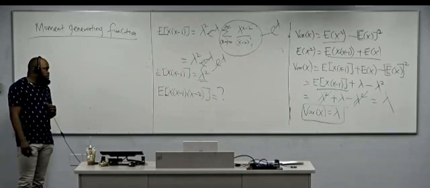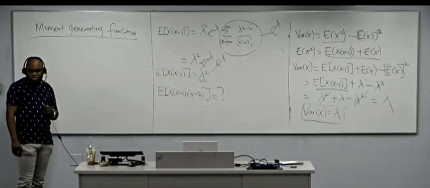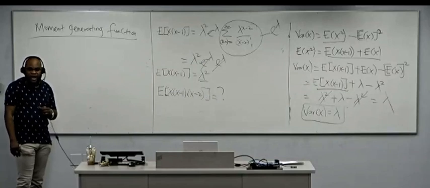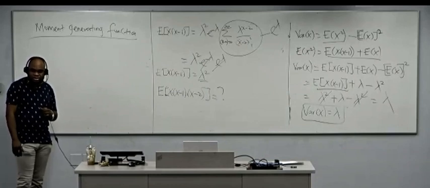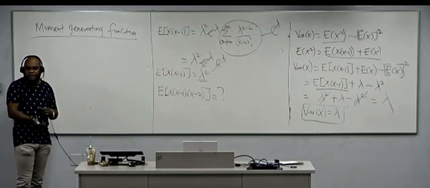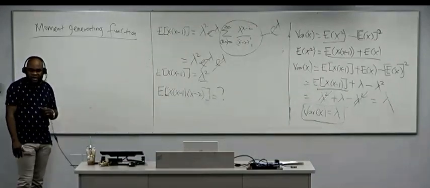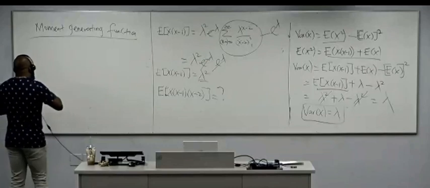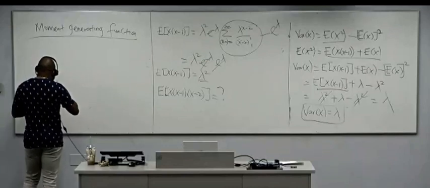But let me tell you this: some distributions do not have a moment generating function, like the hypergeometric distribution. Please take notes. If you want to derive the mean and variance in the hypergeometric distribution, we're basically going to use the method of moments approach. But let me welcome you to moment generating function.